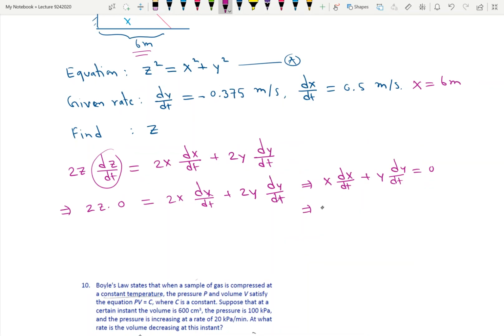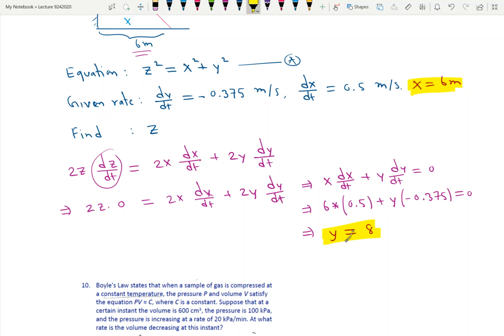So x is 6 times dx over dt is 0.5 plus y times dy over dt is negative 0.375, and if you simplify you will get y equals 8. So we got x equals 6 and y equals 8.